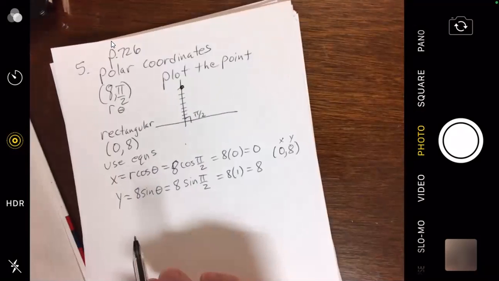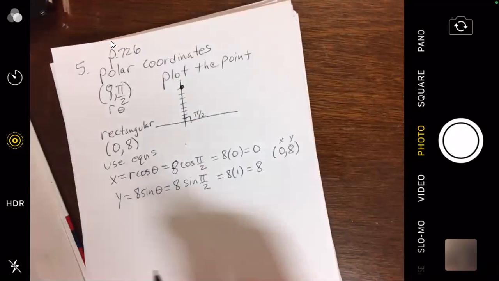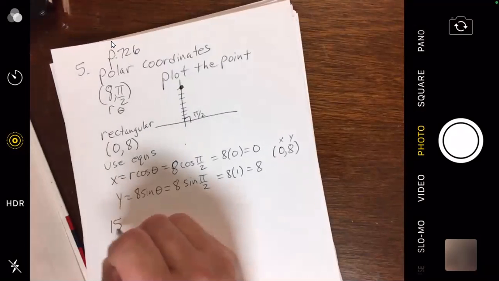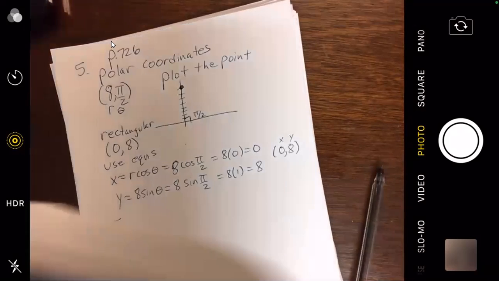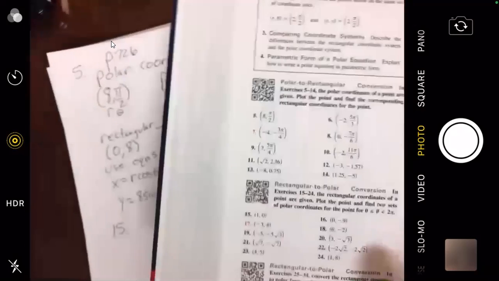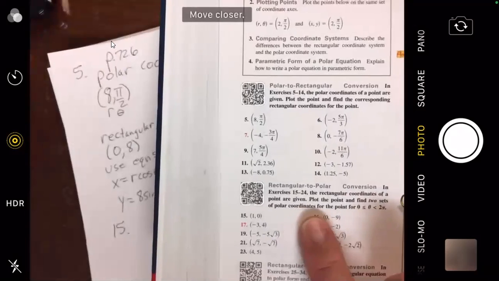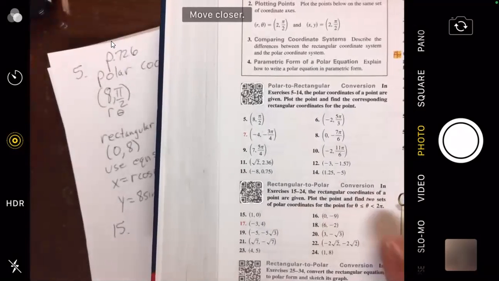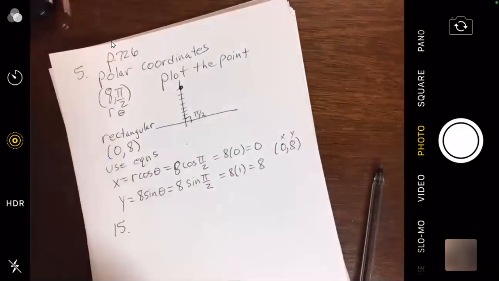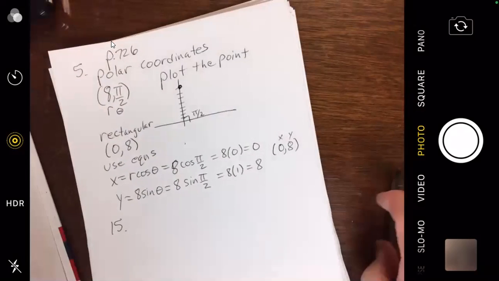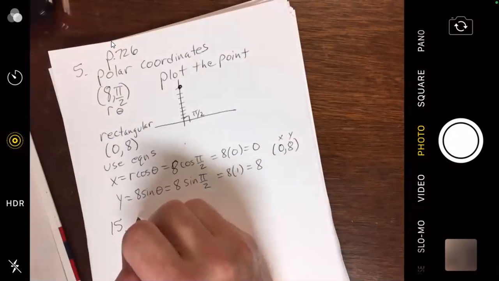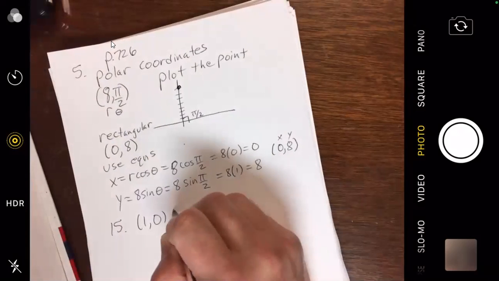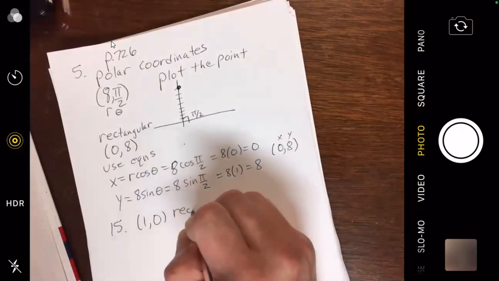All right, then they reverse it. Look at 15. The rectangular coordinates of a point are given. Plot the point, find two sets of polar coordinates. 1 and 0, and this is rectangular.